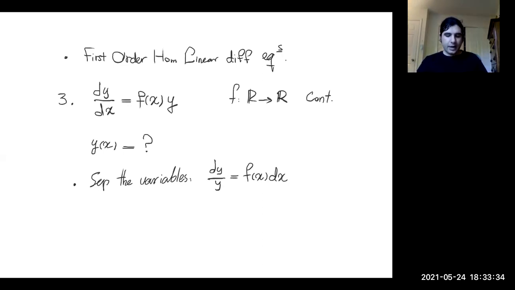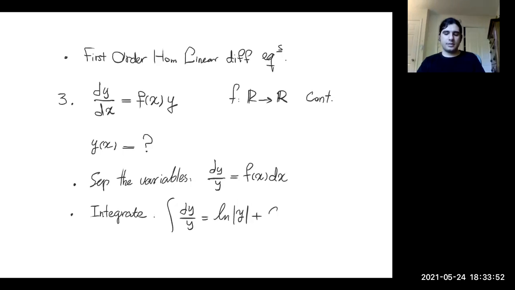The second step, again, would be to integrate. So the integral of the left-hand side, dy over y, is equal to ln of the absolute value of y plus a constant. The integral of the right-hand side, f(x) dx, is something.